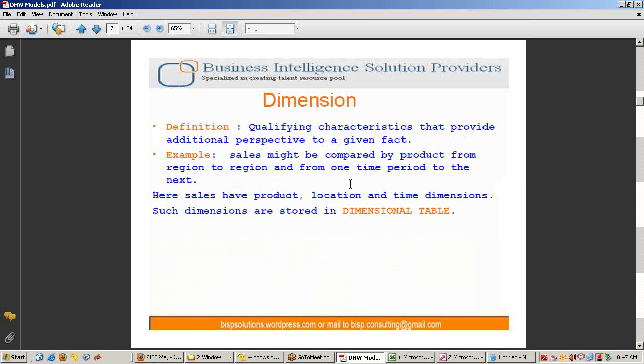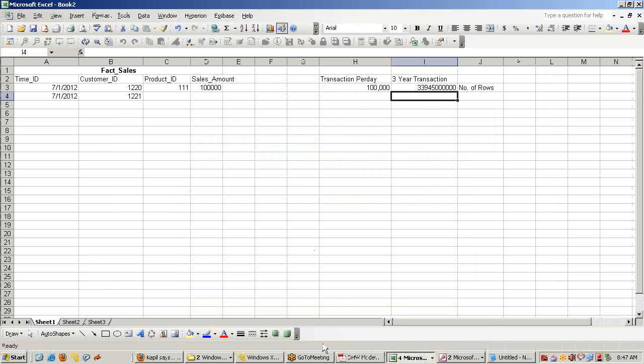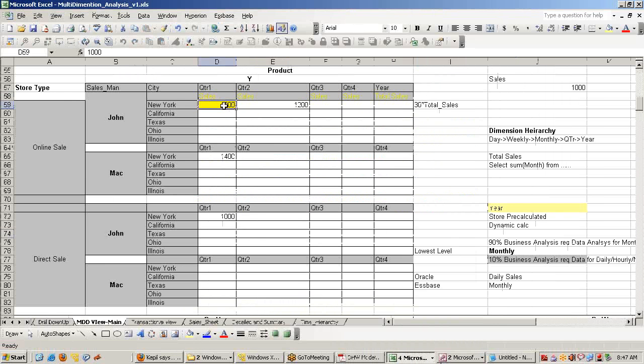We discussed dimension, qualifying characteristics that provide additional view or perspective of a given fact. Same fact, my fact is same, sales is one fact, but what are the various views? View 1 is quarter. So when I look at time versus fact, it says quarterly sales.